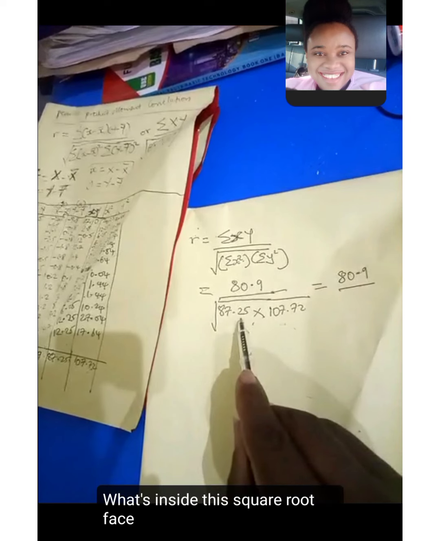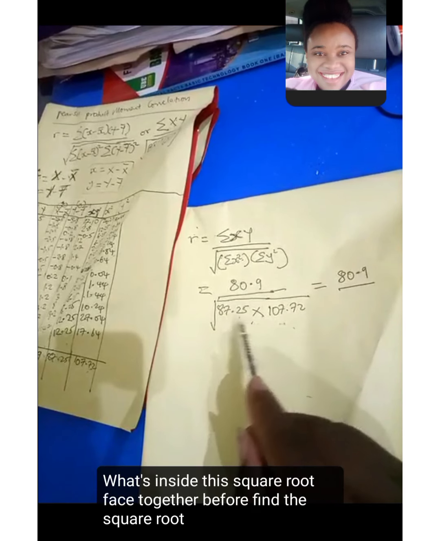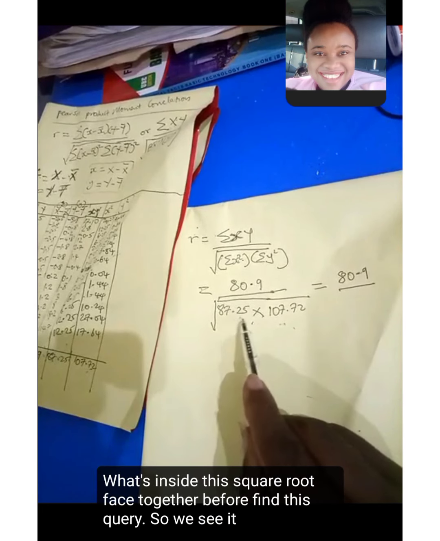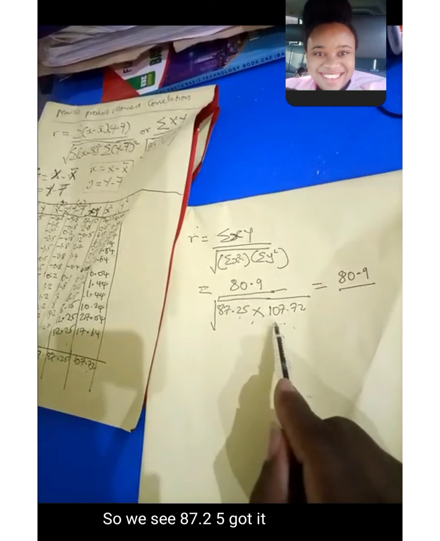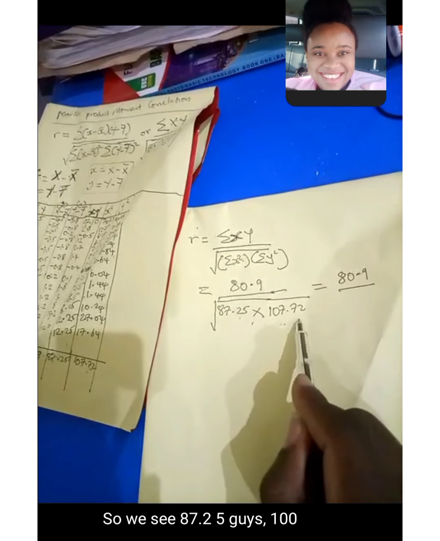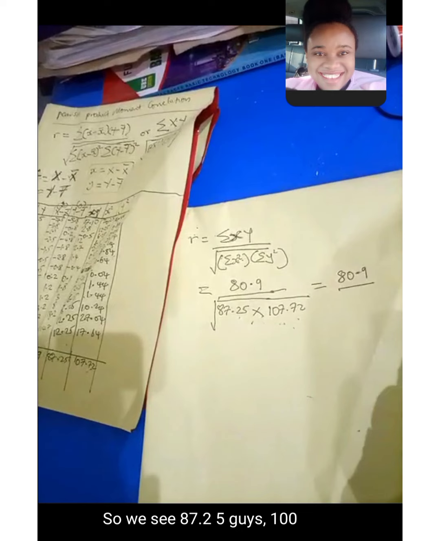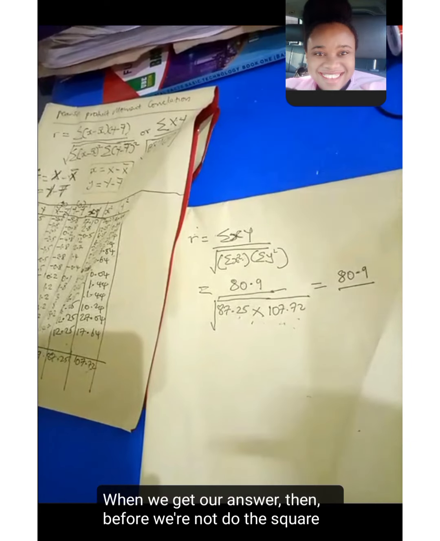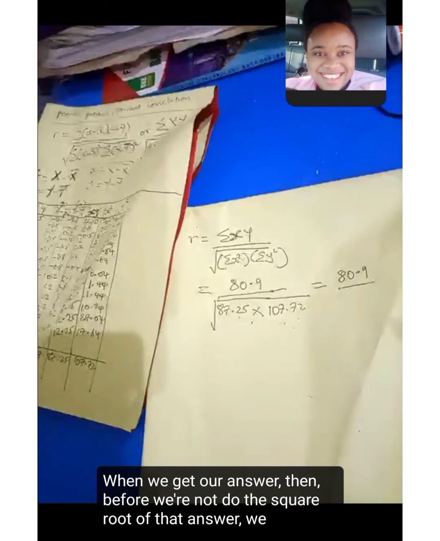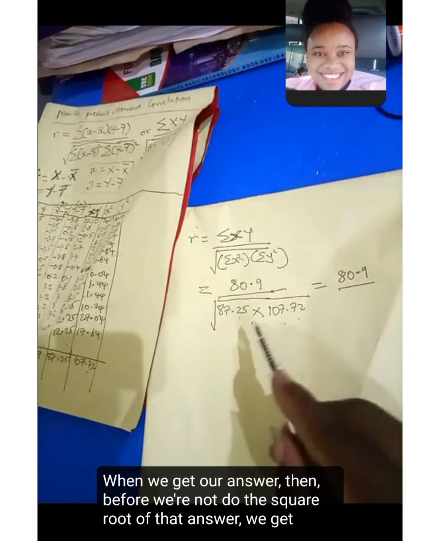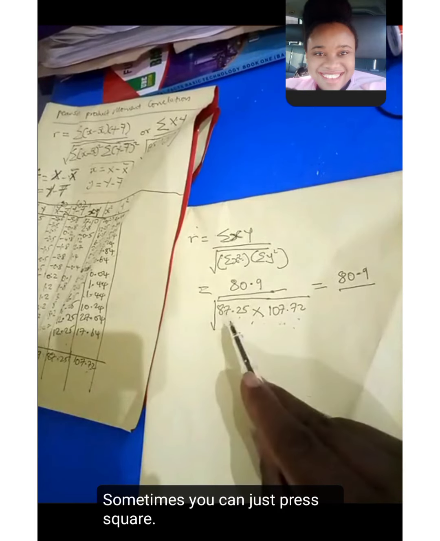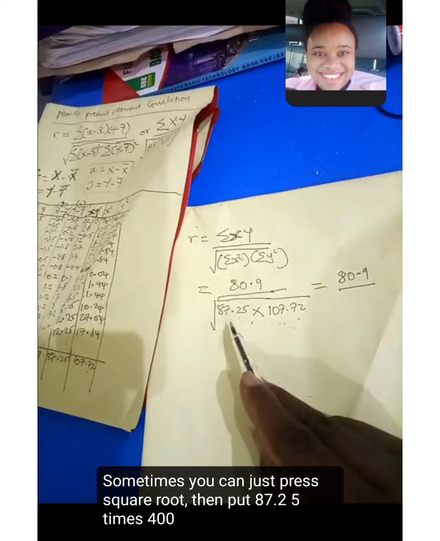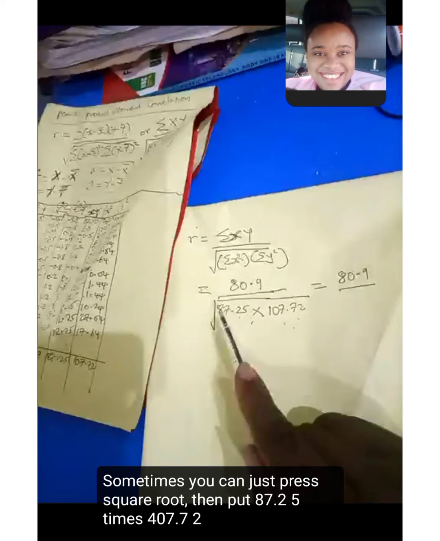So we'll say 87.25 times 107.72. Sometimes you can just press square root, but the square root will only apply to the 87.25 and we'll get a wrong value.